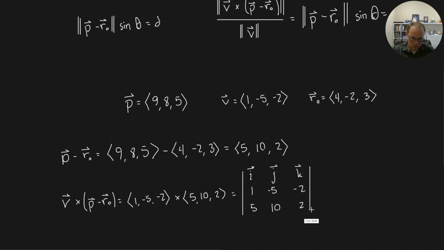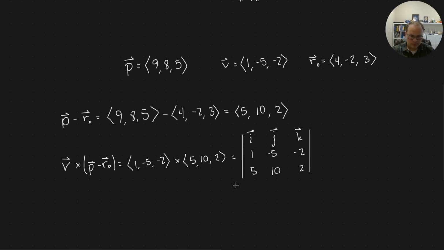So first component, the i component, I get -10 minus -20. So -10 plus 20, that's 10. So that would be my first component, 10i. Okay, j component, I get 2 minus -10. So 2 plus 10 is 12. So 12j, and that's the second component.